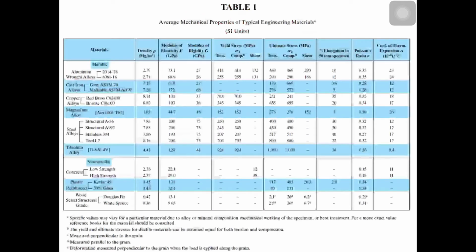This is an example of several materials that have several properties. Let's say we look at aluminium. They have a density of 2.79 and modulus of elasticity 73.1.